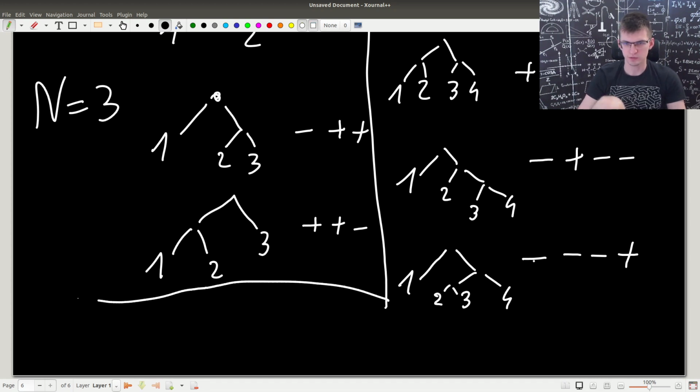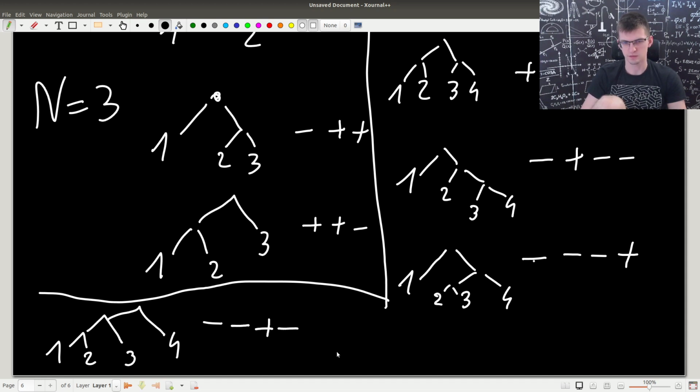What else is possible? 1, 2, I already considered that. No, but that's not the only possibility. Now there can be 3 and there can be 4. This would give me minus, minus, plus, minus, and also 1, 2, 3, 4.